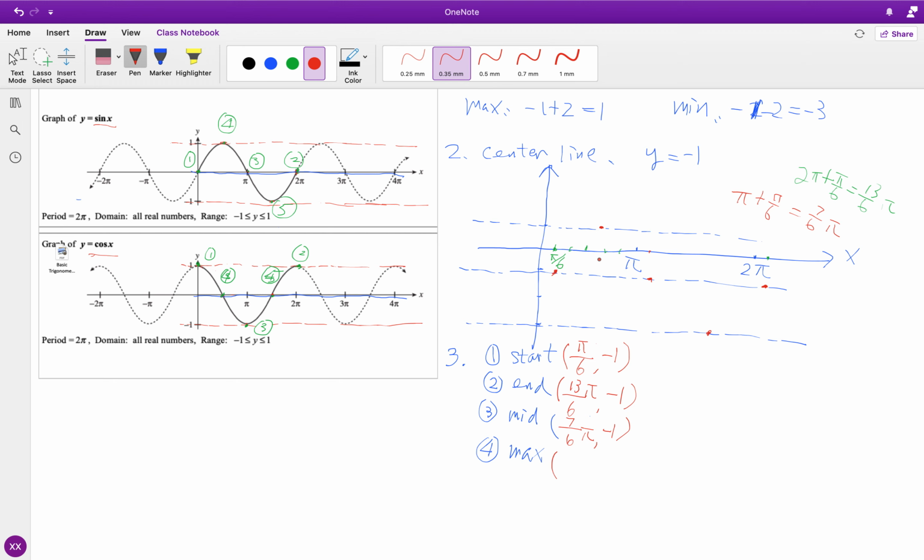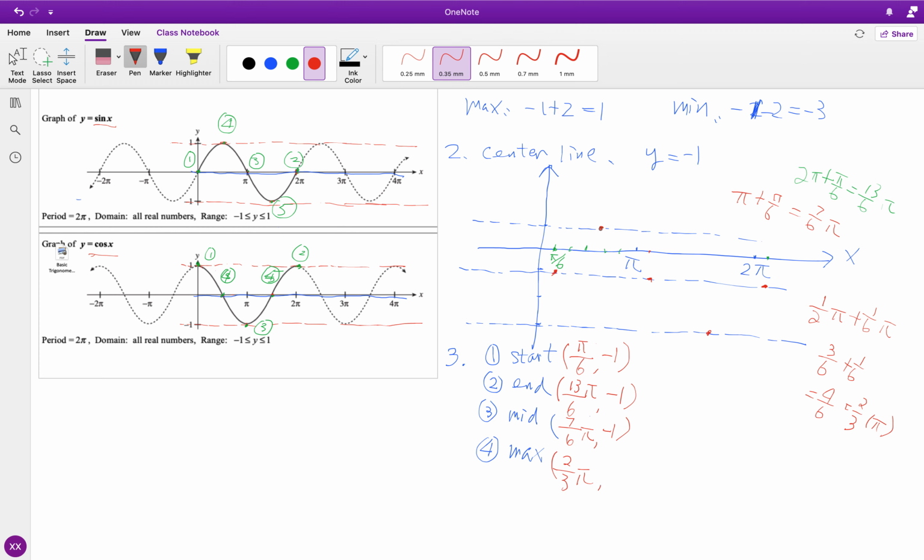This is basically from here to here, half of a pi. So 1/2 a pi added on to 1/6 of pi: 3/6 plus 1/6 equals 4 over 6 equals 2 over 3 pi. So this one here is 2 over 3 pi.